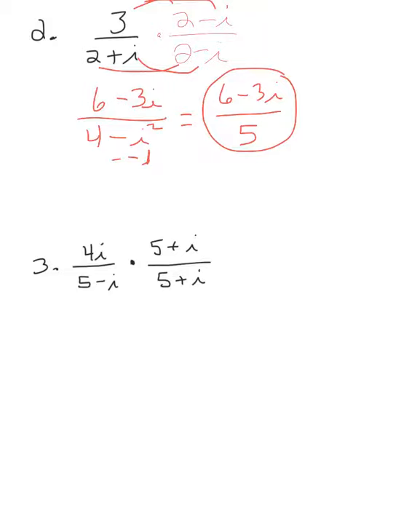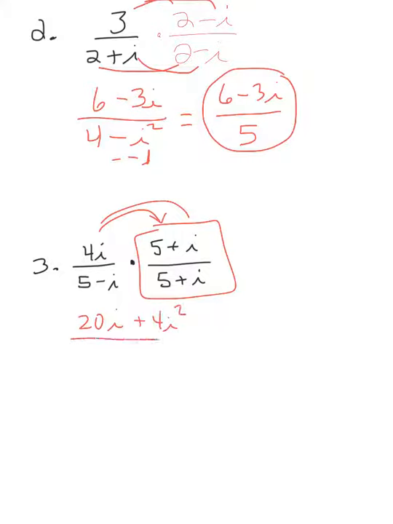Okay. Number 3 is already set up for you that way. They already showed you by multiplying by the conjugate. This whole thing is the conjugate right here. So same thing. 4i times 5 turns out to be 20i. And 4i times i is going to be, what's a 4i squared?